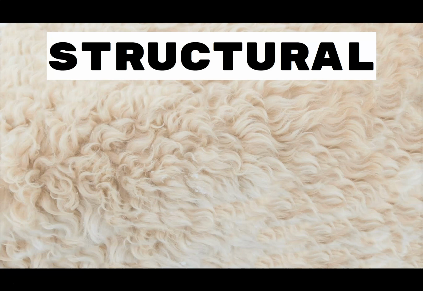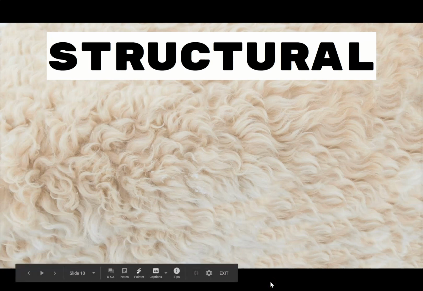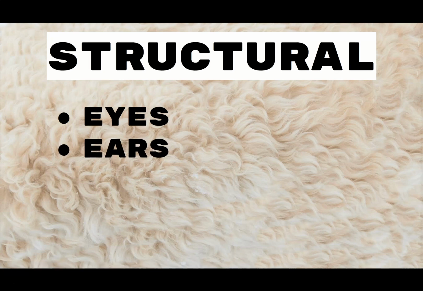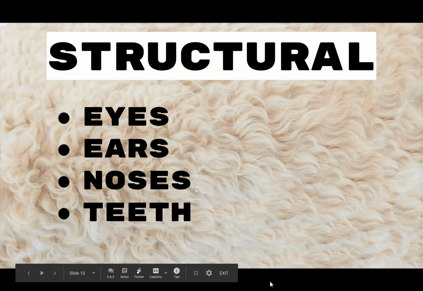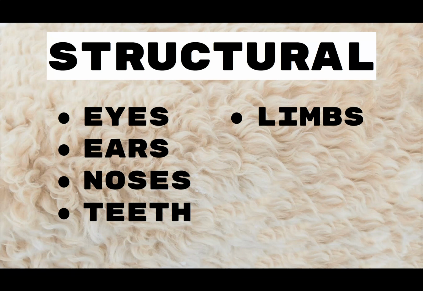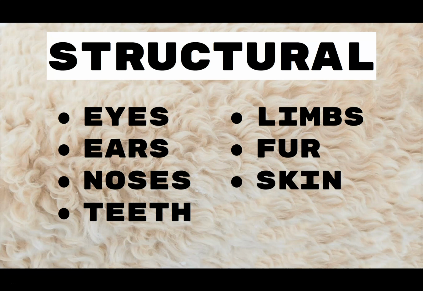You'll see adaptations in animals' eyes, ears, noses, their teeth, as well as their limbs, which is arms and legs, as well as wings and tails, their fur, their skin, and all other body parts, right?